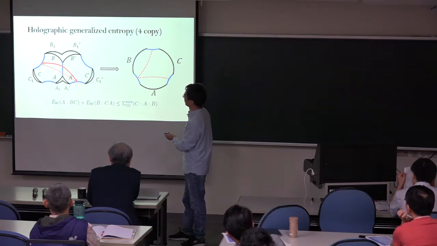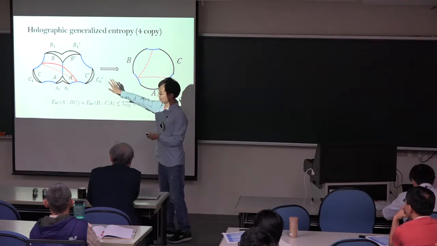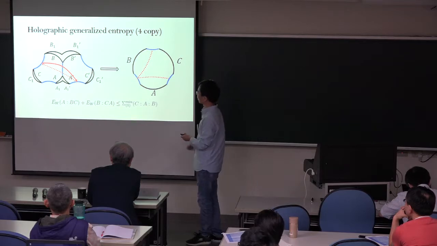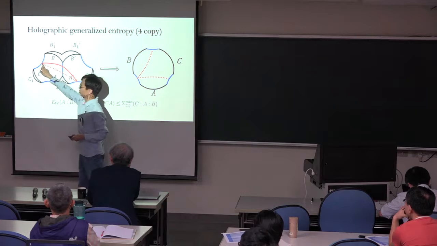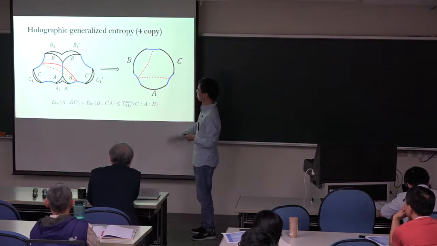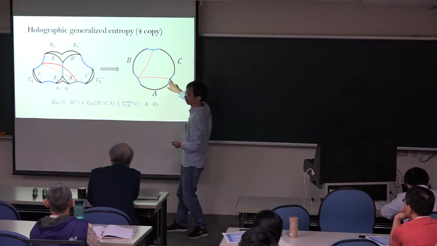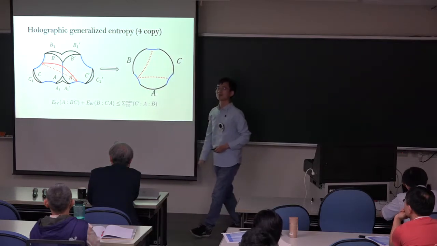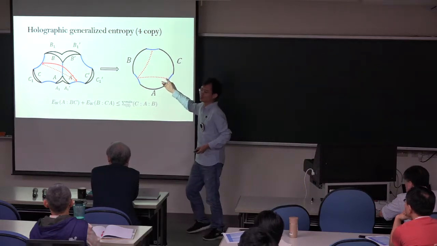I get a unique length or area for this curve. It's not hard to realize that you just trace what you do here, just mirror all this orbit. You see here, I go from here and then back to close this curve. Corresponding to the single copy configuration, in this case you just go from here, then you come back, and this one. Then this curve is closed. This is one of the reasons why this kind of configuration is called reflective.